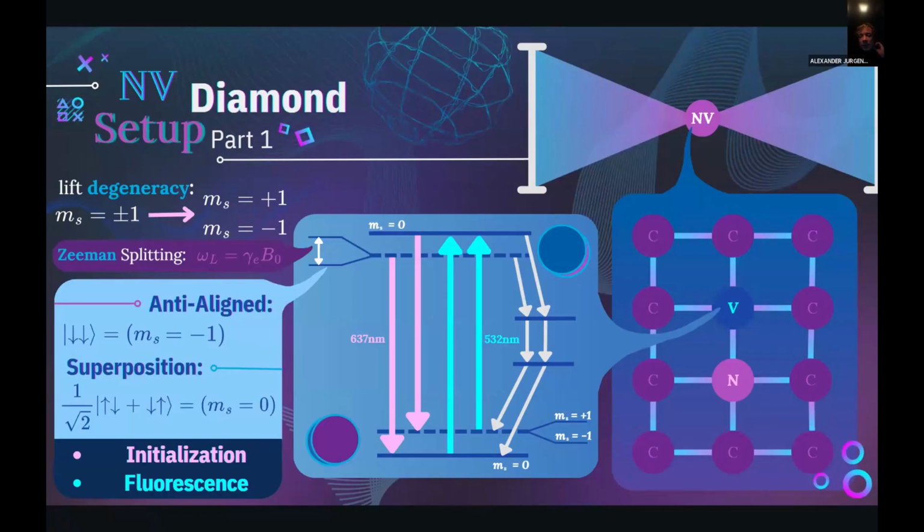Nitrogen is number 7, and so the nitrogen that you replace one carbon atom with carries an extra electron, and then right next to that nitrogen atom you have a V, which isn't actually a particle, that stands for vacancy. So that spot where there's something that's supposed to be there in the grid is empty.